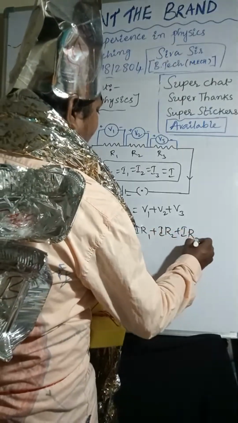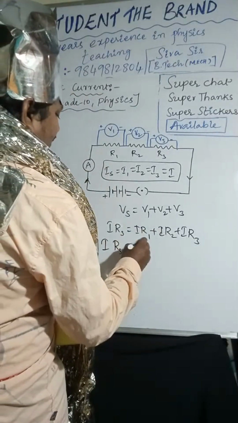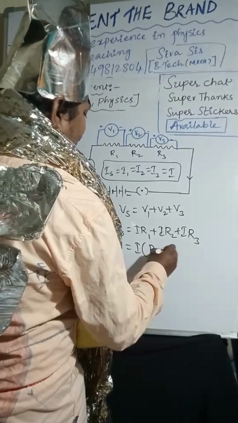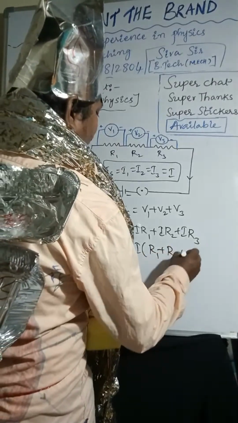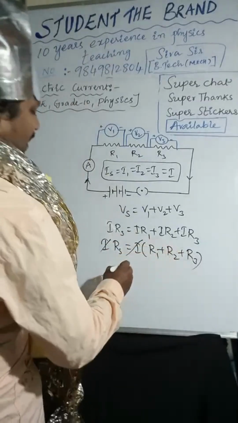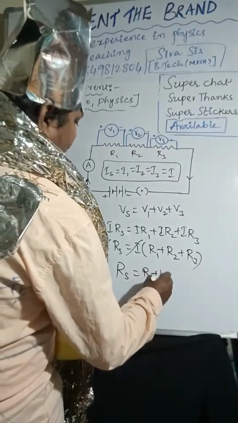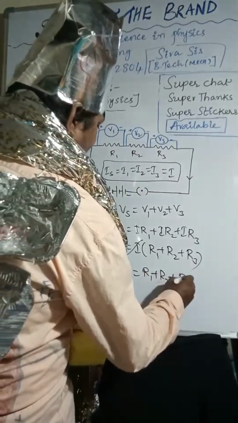I am taking I common, so the values are I times R1 plus R2 plus R3. I gets cancelled, and the remaining values are Rs equal to R1 plus R2 plus R3.